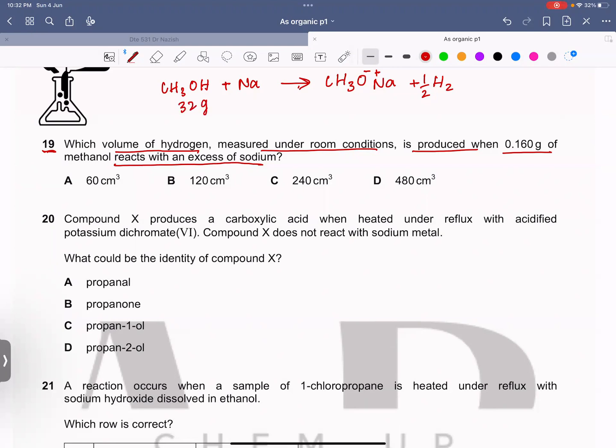So 32 gram of methanol is producing half mole of hydrogen, and half mole of hydrogen makes 12 decimeter cube volume, right? So if we have 0.160 gram of methanol, then X volume would be produced. Can anybody calculate the value of X? Tell me the answer, please.